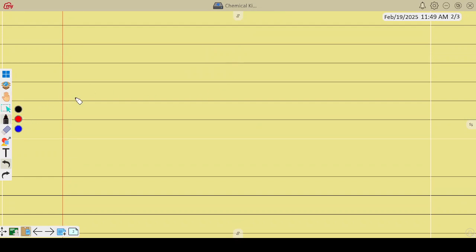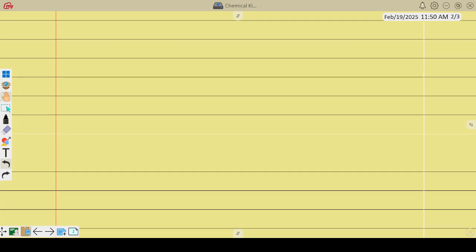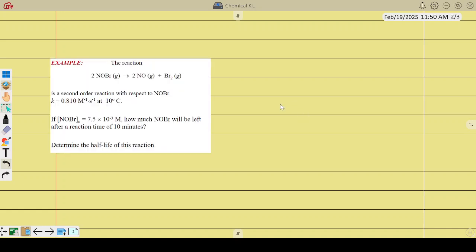And then finally the zero order reaction. What do you have to know about that? Oh, and as we proceed, I forgot to answer one thing on this example. So there was calculate the half-life.